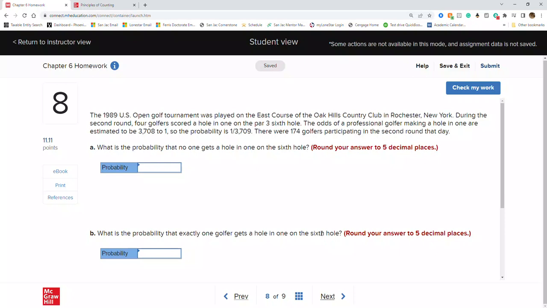The odds of a professional golfer making a hole-in-one are estimated to be 3,708 to 1. So the probability is 1 divided by 3,709. There were 174 golfers participating in the second round that day. Okay.